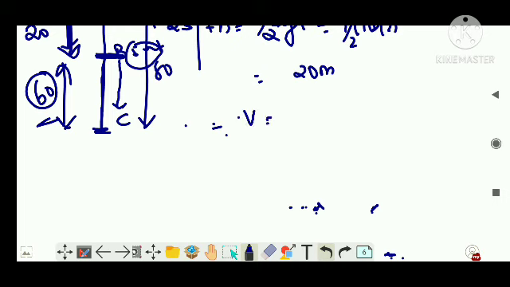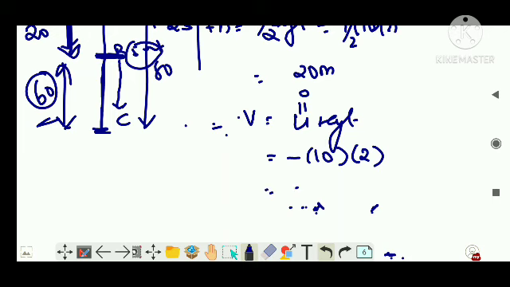This much clear? Now v is equal to u plus gt, right? Now u is 0, right? Now velocity, it is minus g, that is 10, and what is time? 2. So velocity attained is minus 20. Clear? This much clear? Now how much is the time for this much travel from B to C? T is equal to displacement, which is minus 60 meter, right?